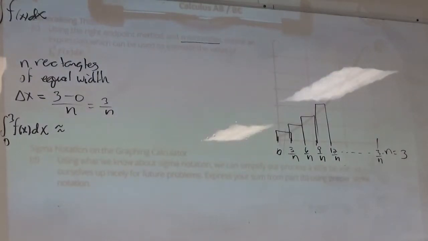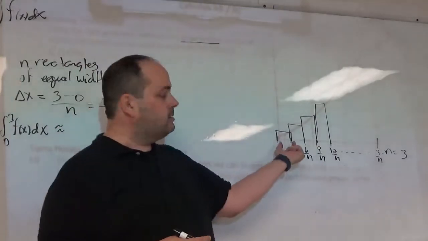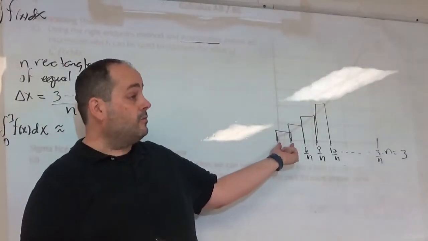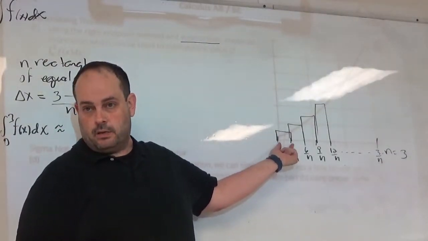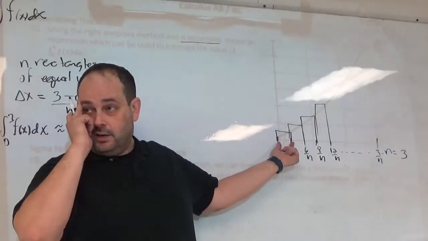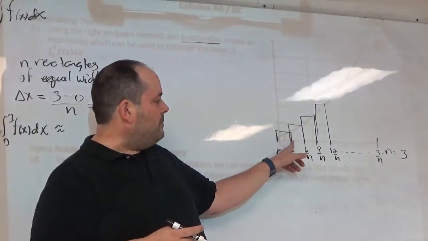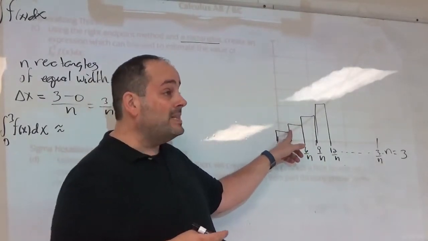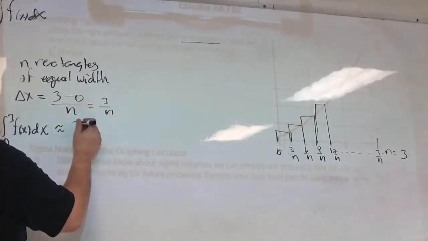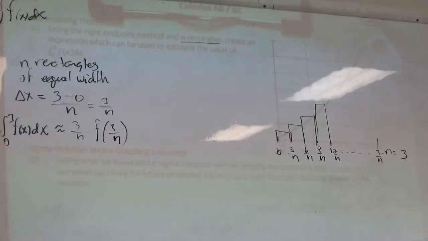For that first rectangle, how long is the base? 3 over n. How tall is it? f of 3 over n. Be careful, which method? Right endpoint. So you use the right point, you go up to the curve to determine the y value. So your area is 3 over n times f of 3 over n.